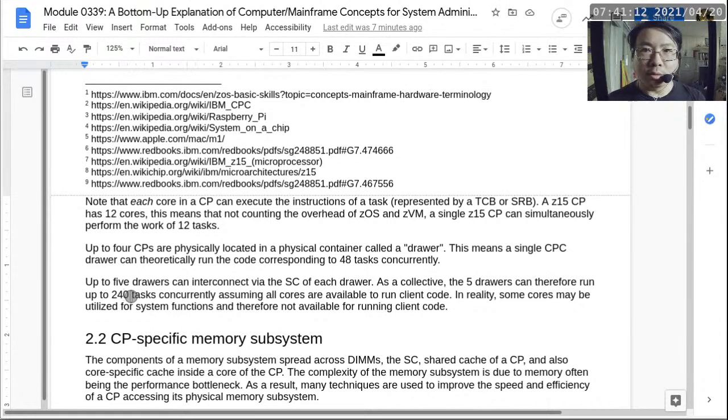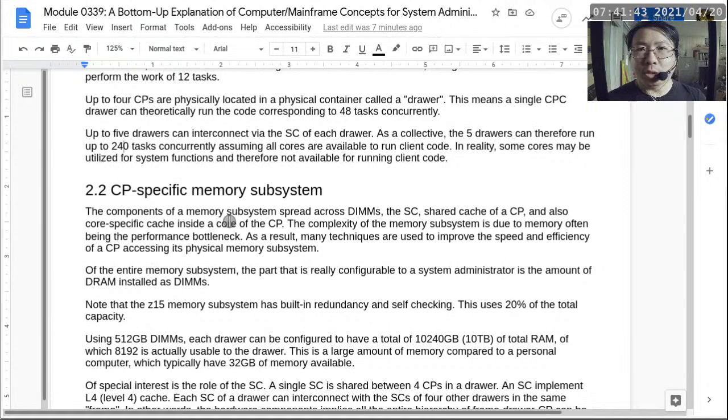So realistically speaking, you're looking at maybe 250, 260, 270 tasks that can be run concurrently. And we're only counting tasks that are ready to run. They're not waiting for I/O. They're not locking each other out. They're ready to go. Okay, so that's a pretty big number in terms of how many concurrent tasks can run independently of each other.